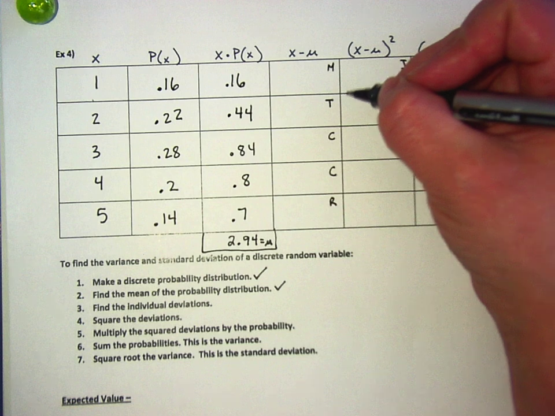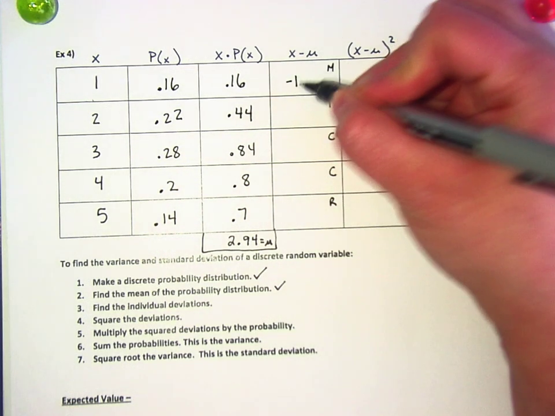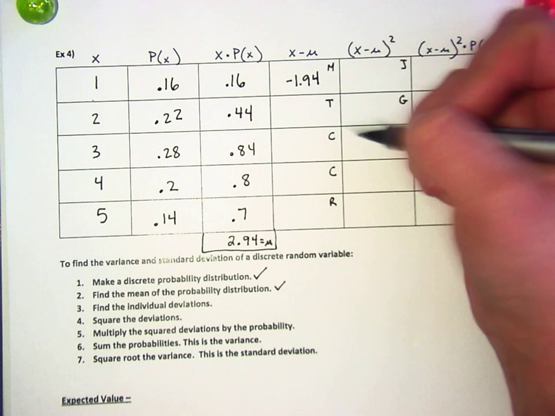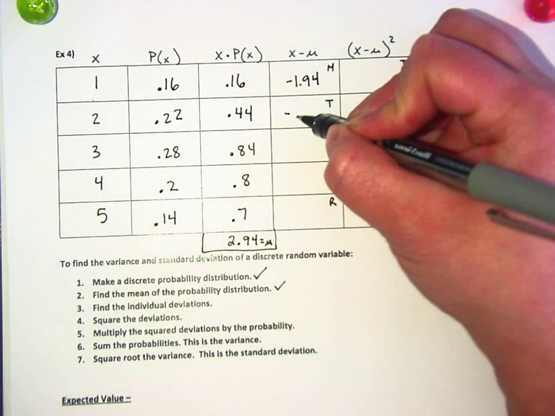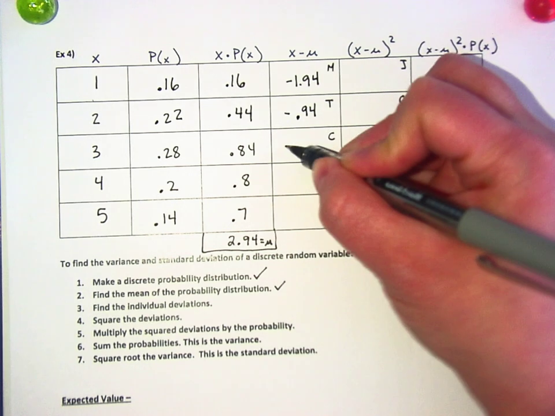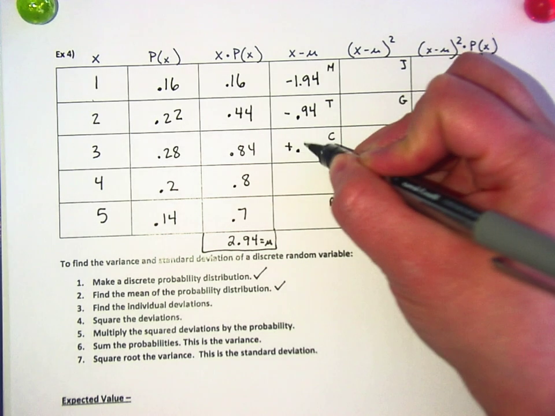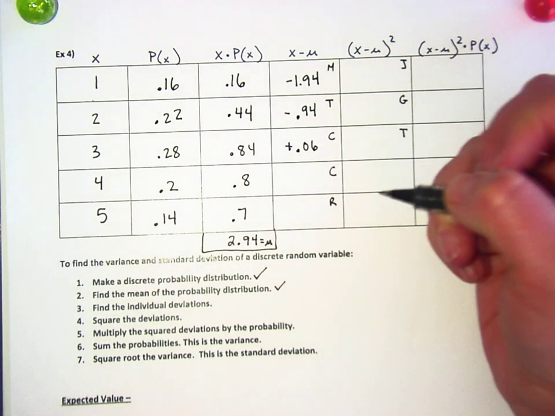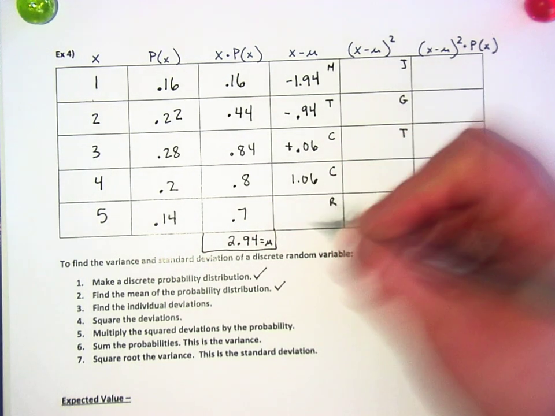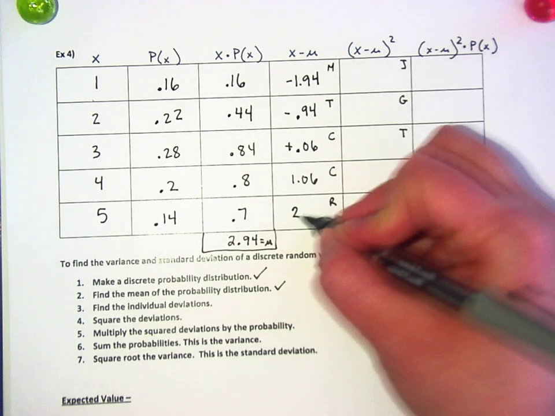Michael. Negative 1.94. Tegan? Caitlin? 0.06. Carter? Positive 1.06. Ryan? Positive 2.06.